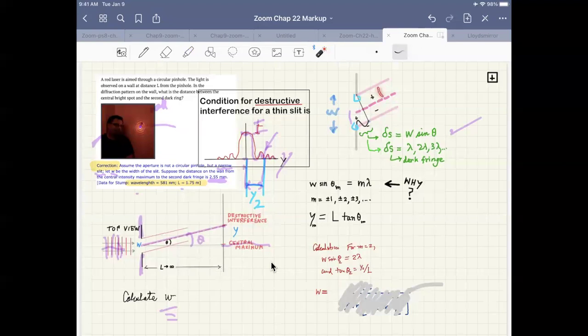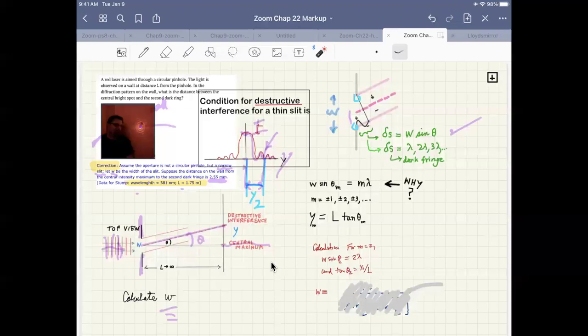Because let's say this region would be positive, this region would be negative if the path difference was an integer number of wavelengths. In other words, let's say it's one wavelength. So the wave looks like this. Over here, it's positive. Down here, it's negative. Well, when you combine those, they'll cancel.